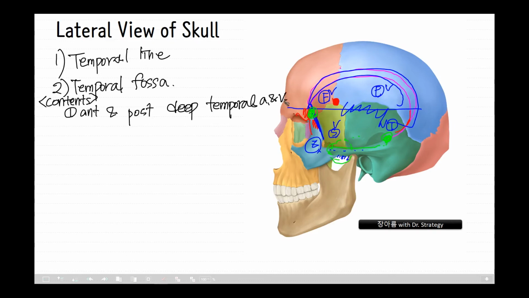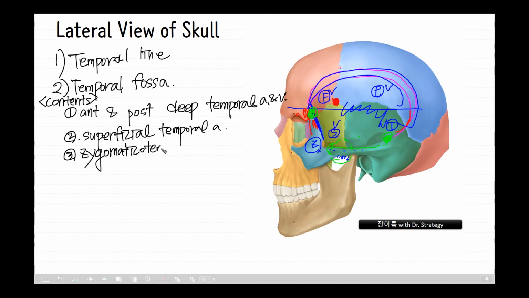In fact, the anterior and posterior deep temporal artery is the branch of the maxillary artery, especially the second part, and the superficial temporal artery, a kind of terminal branch of the external carotid artery, and zygomatico-temporal nerve. And most importantly, this fossa accommodates the temporal muscle.